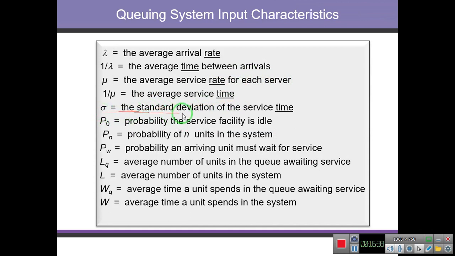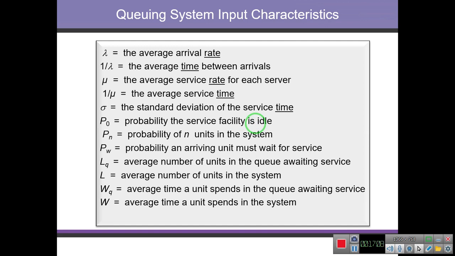We're going to have the standard deviation of the service time, which we're only going to use a few times. The following apply to all the systems we're going to see. You're going to have P0, the probability that the service facility is idle, meaning there's no one waiting in the system, no one being processed, nothing happening, which is possible, right?